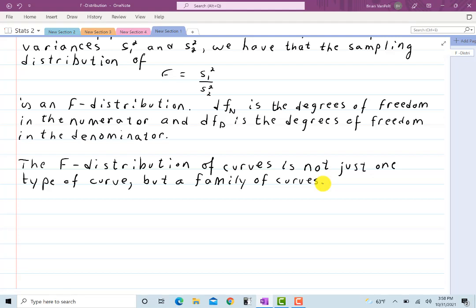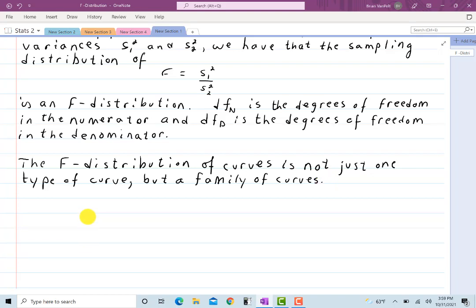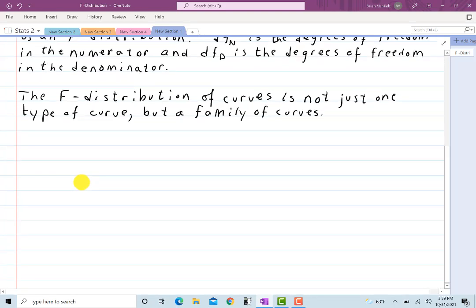So, to give you an example of what these could look like, here's a sketch of a few graphs of them for various degrees of freedom in the numerator and denominator.